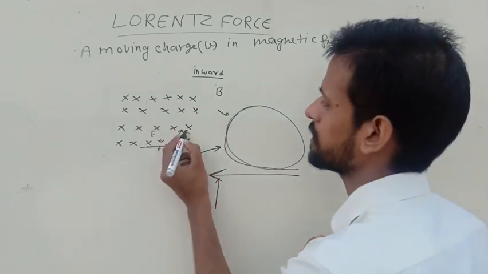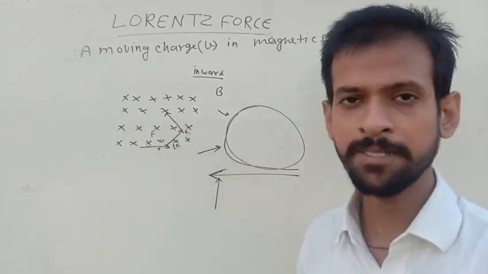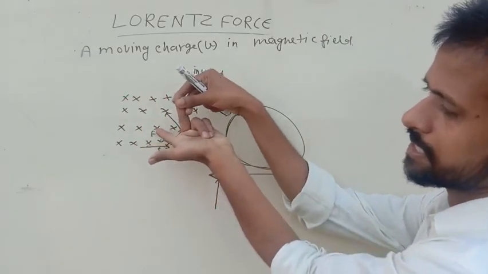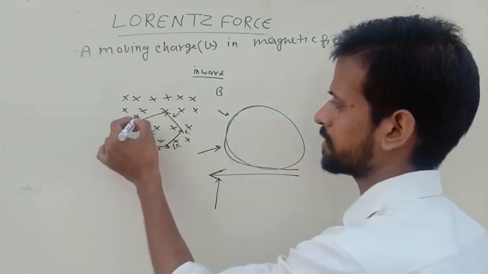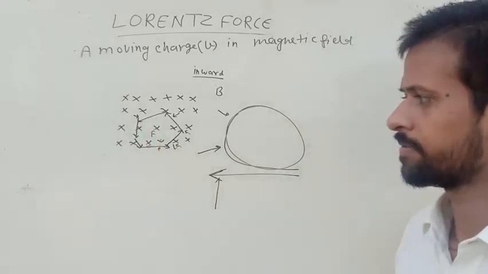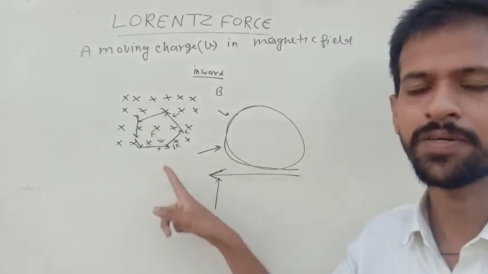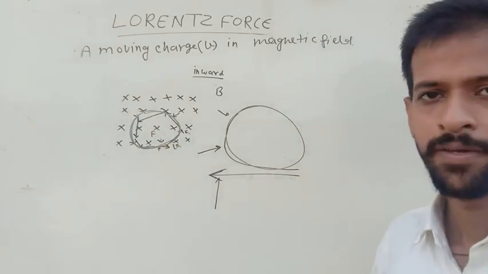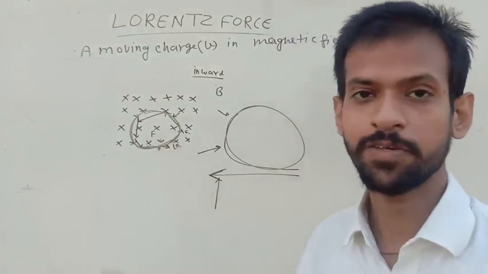Again for this velocity the direction of force is this. As a result, we see that a constant force is acting on this charged particle perpendicular to its velocity, so it will perform circular motion. So whenever a charged particle moves in a magnetic field perpendicular to the magnetic field, it performs circular motion.